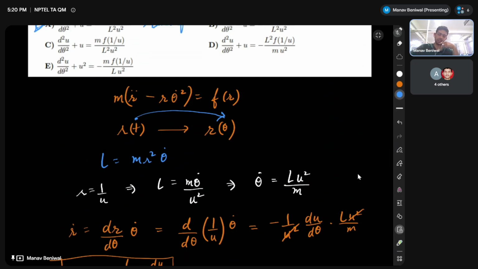But to be honest, I don't know how to explain why, in the beginning, taking r as 1 over u simplifies the equation so much. Maybe if I had derived this equation in terms of r, then looking at the final equation, it would have been easier to explain or motivate why this substitution makes the equation much more concise. You can try that by yourself.